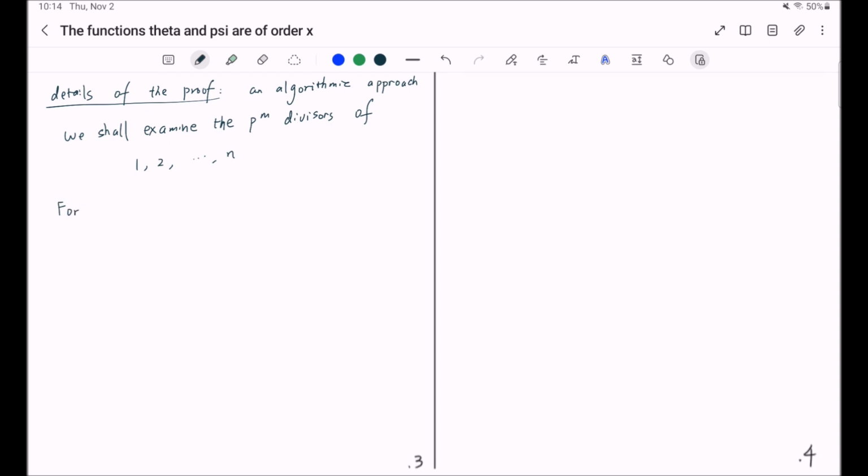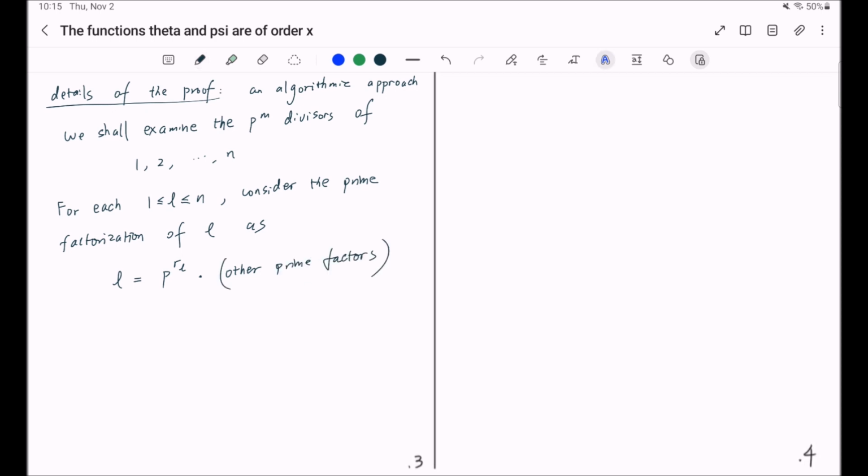Now for each L from 1 to n, we consider the prime factorization of L as, so L is equal to p to the power r sub L times other prime factors. Now we will only focus on this p to the r sub L's power, and we will not write down other prime factors explicitly.